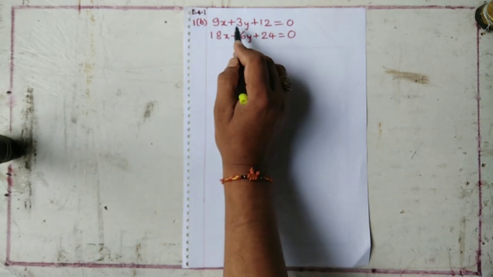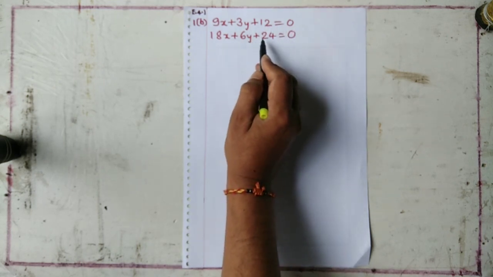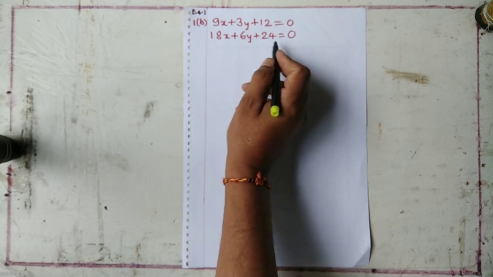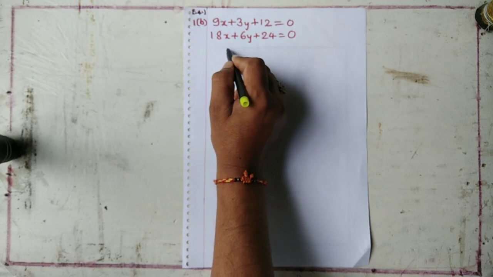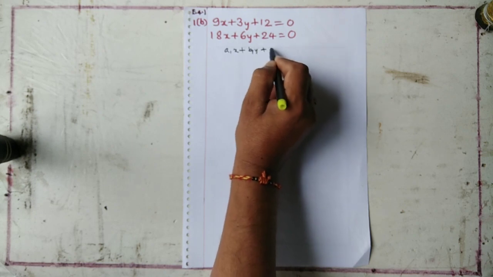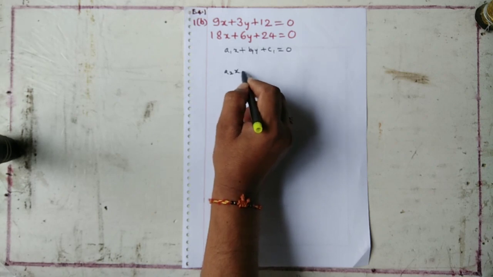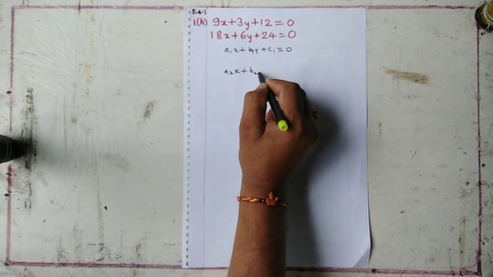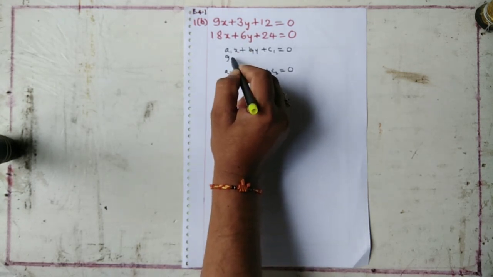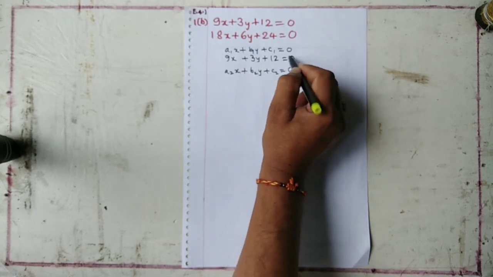B. 9x plus 3y plus 12 is equal to 0. 18x plus 6y plus 24 is equal to 0. On comparing the given equations with the standard forms, a1x plus b1y plus c1 is equal to 0 and a2x plus b2y plus c2 is equal to 0.